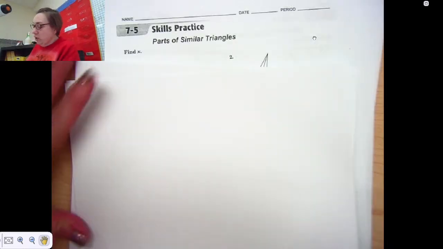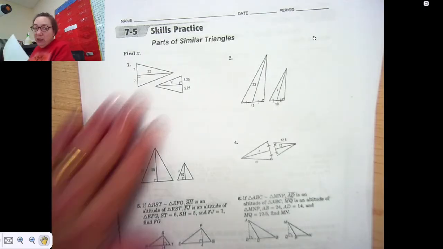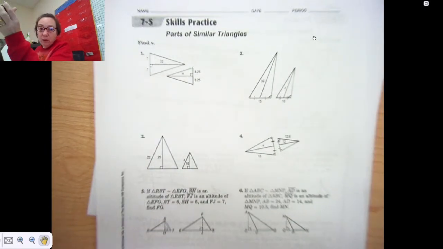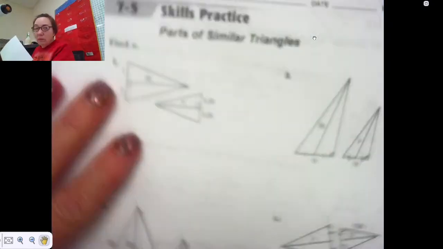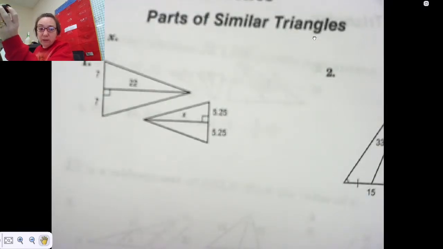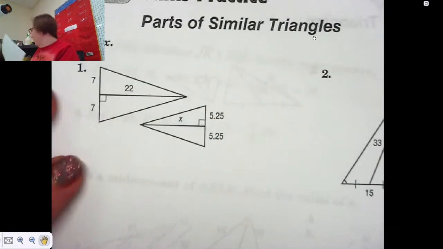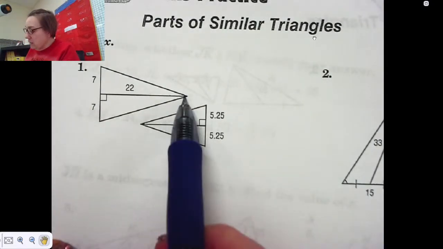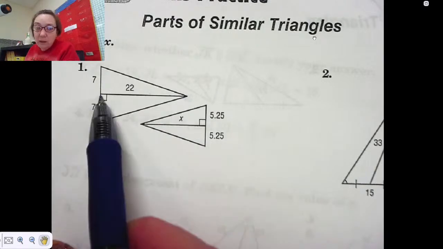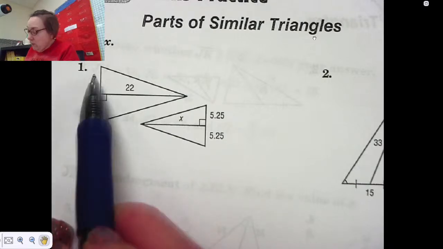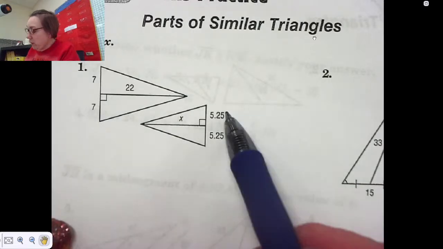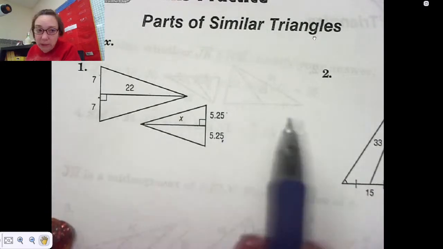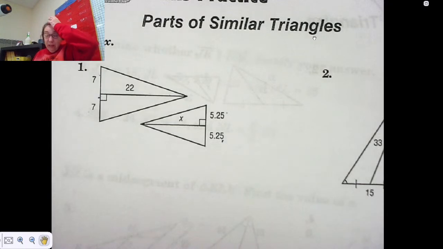Let's jump right to the skills practice and look at number 1. We've got 2 triangles, and you'll see this is 7 and 7, and this is 5.25 and 5.25. So we know it's a median because it goes in the middle.